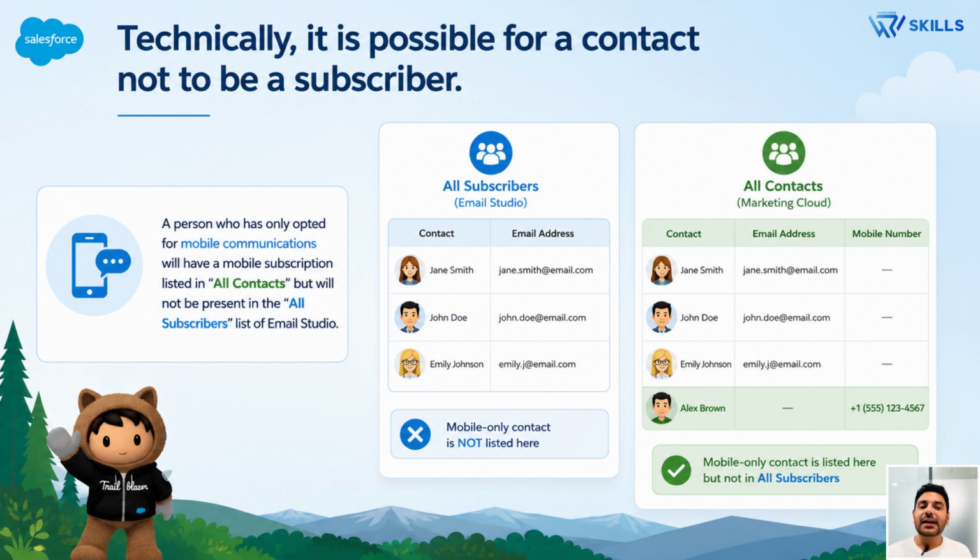So technically it is possible that a contact is not a subscriber. A person who has opted to receive only mobile communications will only have a mobile subscription inside All Contacts, but will not have email subscriptions. And if he is not subscribed to email communications, he will not be present inside All Subscribers of Email Studio.